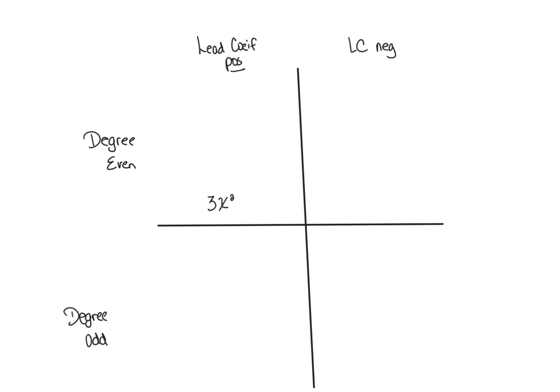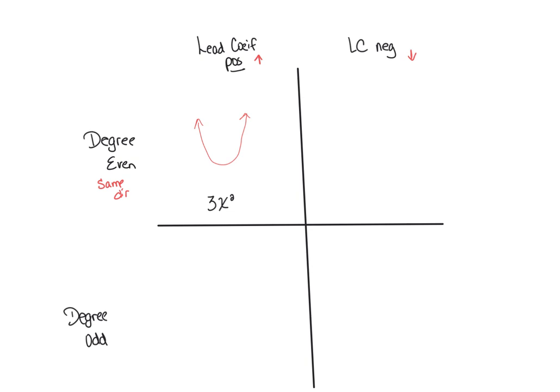If the degree is even, the ends are going to go the same direction. To determine which direction they're going to go, we look at the leading coefficient. If the leading coefficient is positive, it is going to go up. If the leading coefficient is negative, it's going to go down. So for the graph 3x squared, the ends are both going to go up.